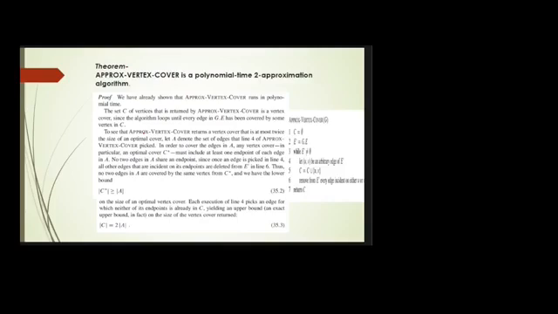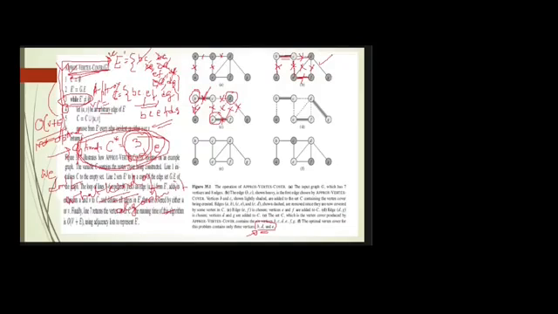Now let us go to the proof. Proof says that Approx-Vertex-Cover is a polynomial time 2-approximation algorithm. This is the proof. Meaning is what? The algorithm that we have written here, Approx-Vertex-Cover, is a 2-approximation in polynomial time.